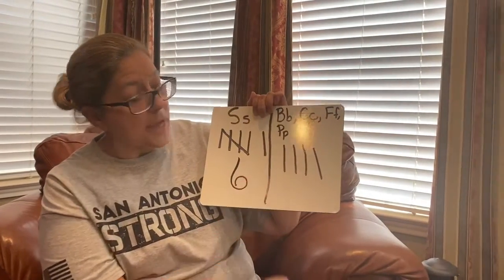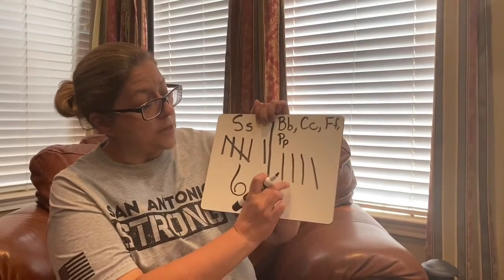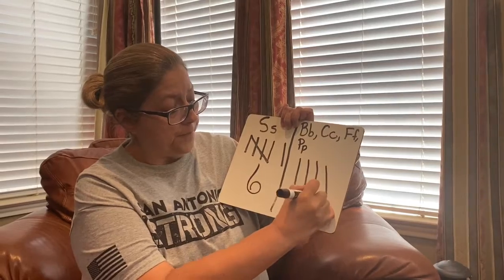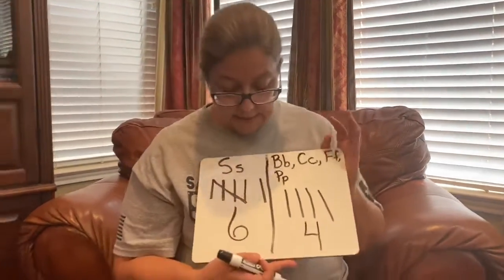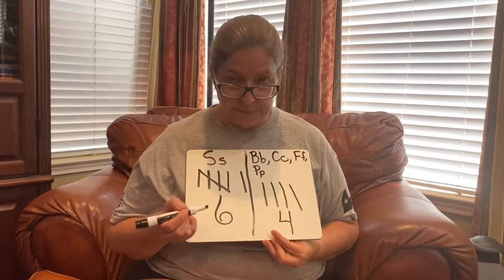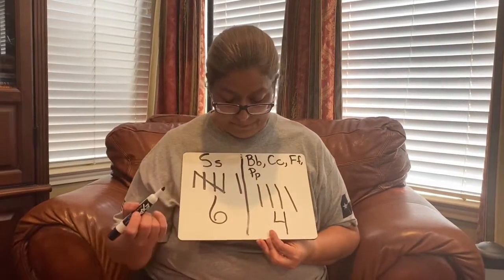On the other side of items that do not start with the letter S, we have 1, 2, 3, 4. So I'm going to write the number 4. So do you remember which one is bigger? The 6 is bigger and the 4 is smaller.